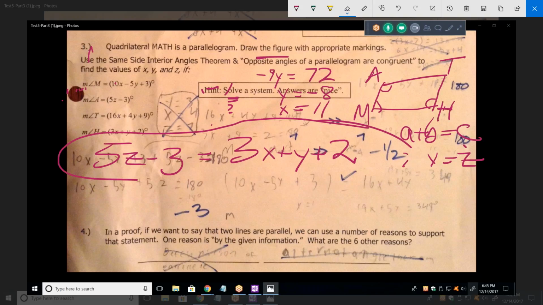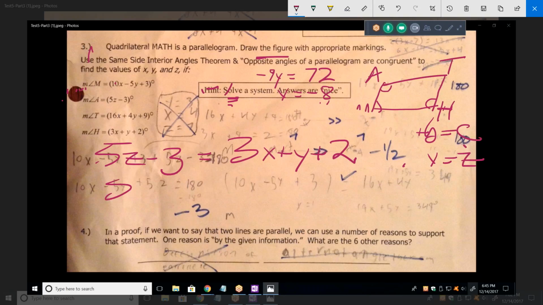So if x is 11 and y is negative 8, it would be 27. Hold on, let's do it step by step. So 3 times x is 11. Yeah. So 3 times 11 plus what? Plus -8. Okay.